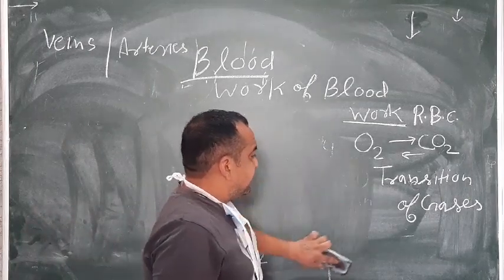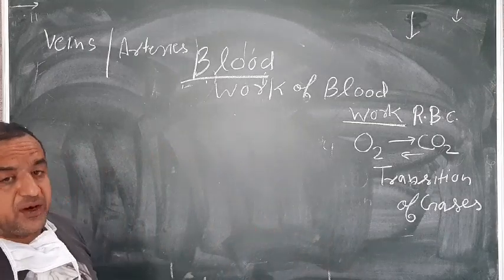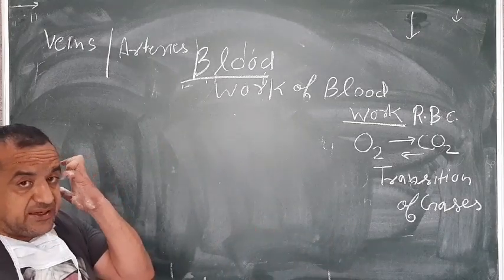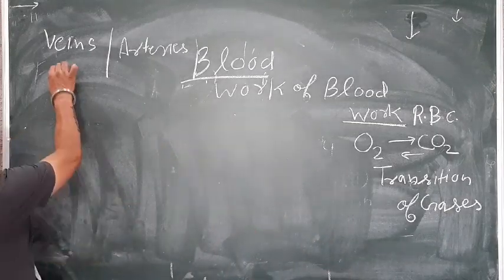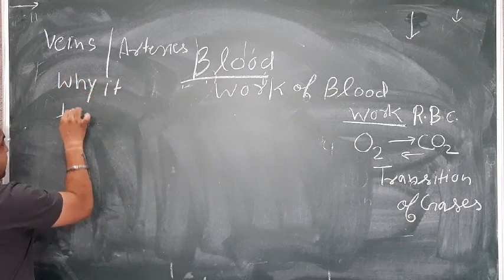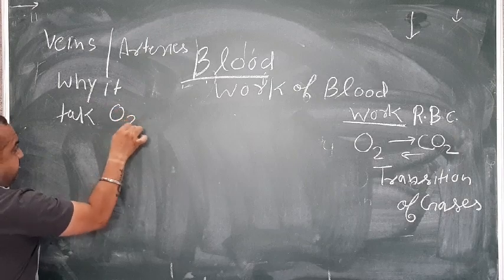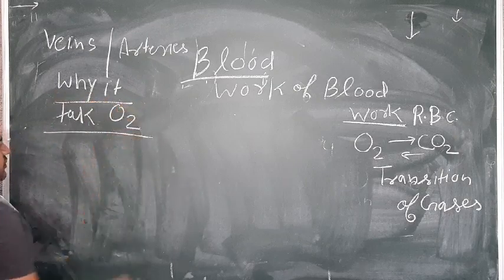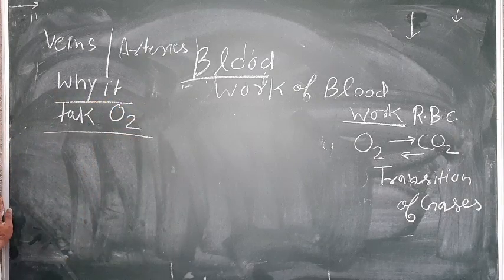What will be done by RBC in our body? Why does it take oxygen?